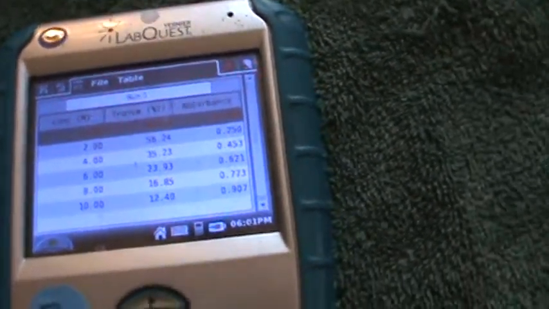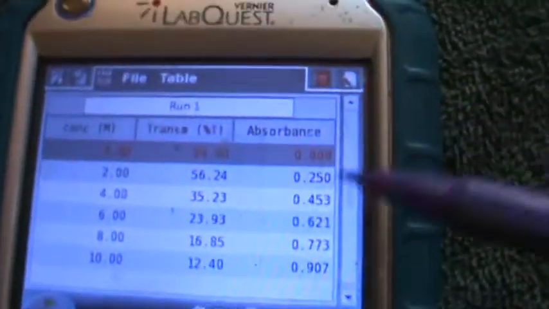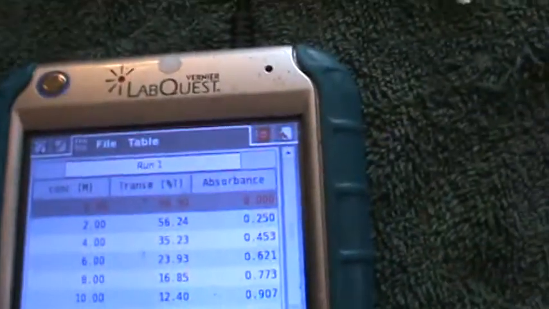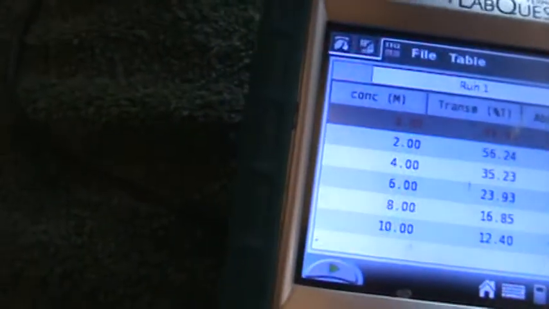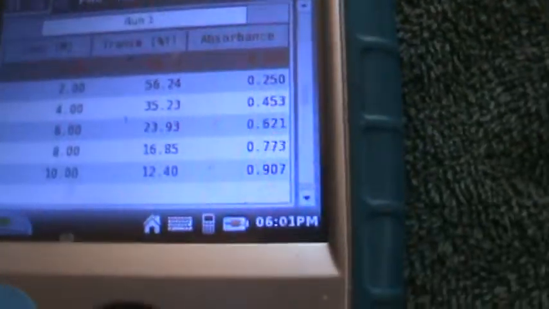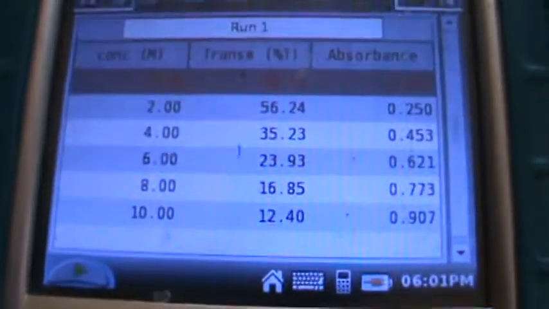Okay, and now let's go ahead and write down our recordings from our values here. Okay, so you'll see that on here we have concentration, transmittance, and absorbance. And transmittance is almost like the opposite of absorbance. It sort of makes sense. How much light are you transmitting versus how much light are you blocking?